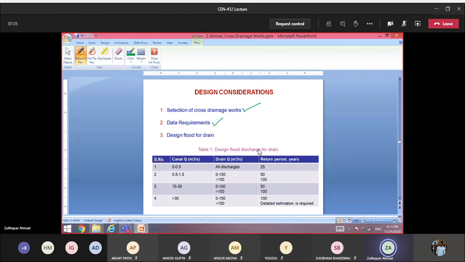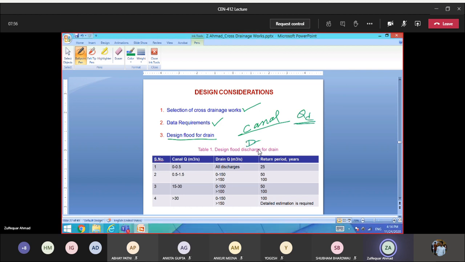What is the data that is required? Okay, right? And then coming to the other parameters. So the first one here is the design flood for the drain. See, for the canal, the design discharge is known, right?